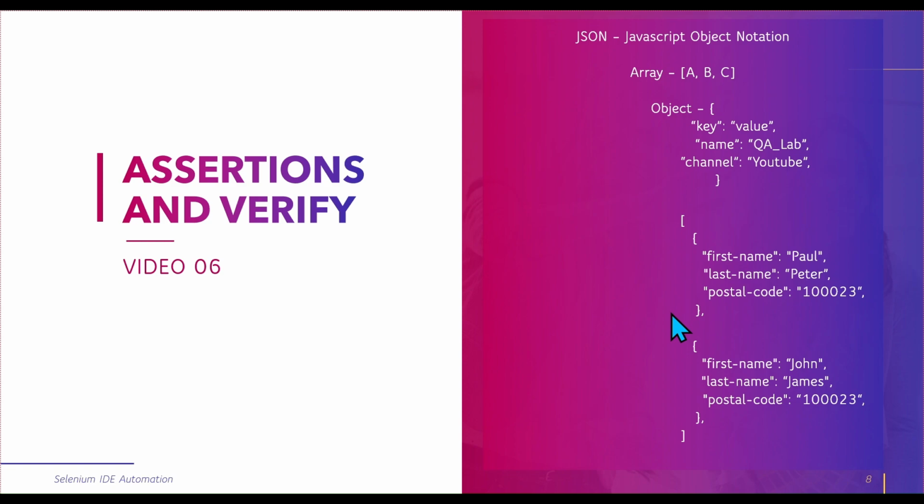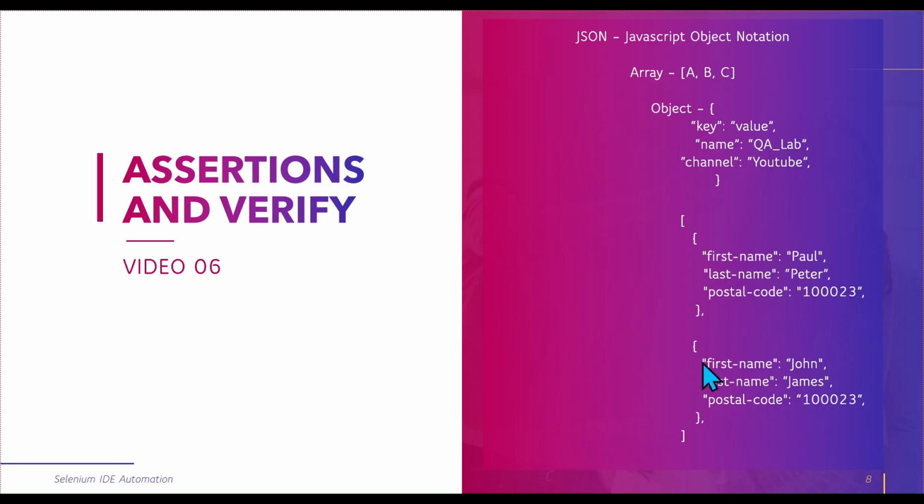So now in Selenium IDE for store JSON, we have this array of objects. As you can see, this is the array having two objects inside. The first object has 3 key value pairs: first name Paul, last name Peter, postal code 1023.